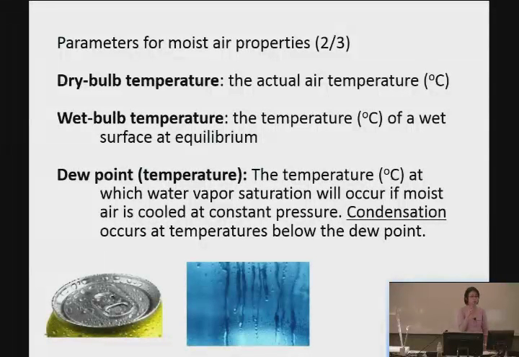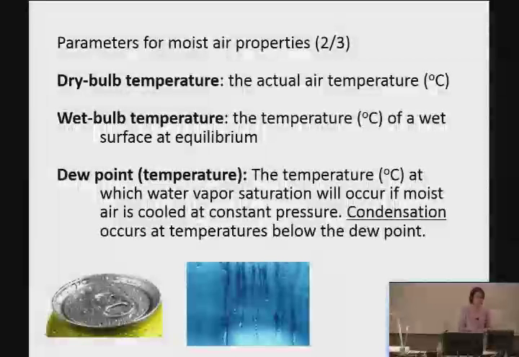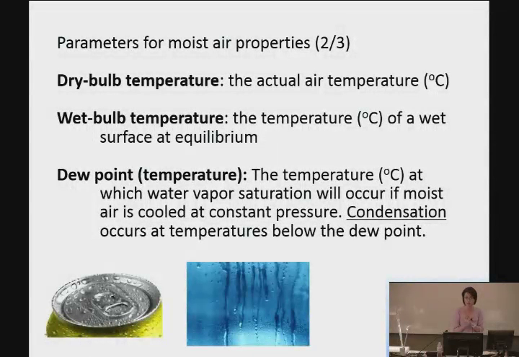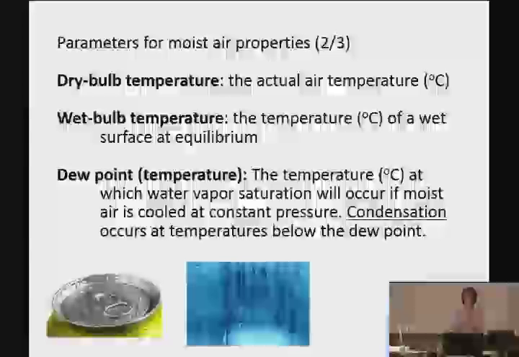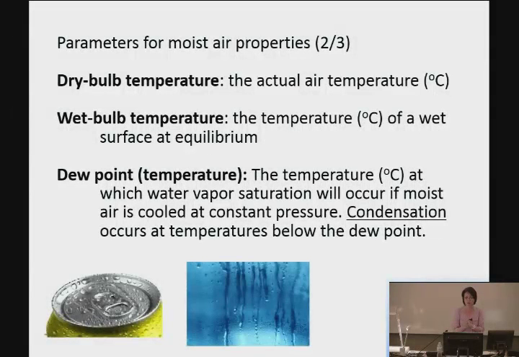And the dew point is determined by the moisture content of the current air. So that we see in a psychrometric chart. But remember, condensation occurs when the temperature of that surface attached to the air goes below the dew point, okay, not above the dew point.